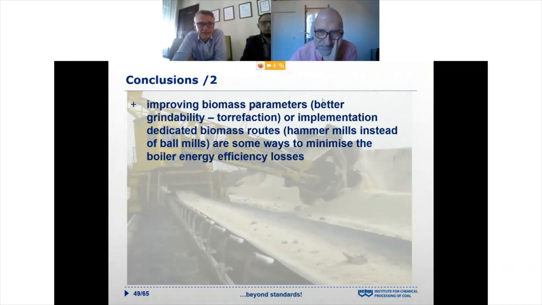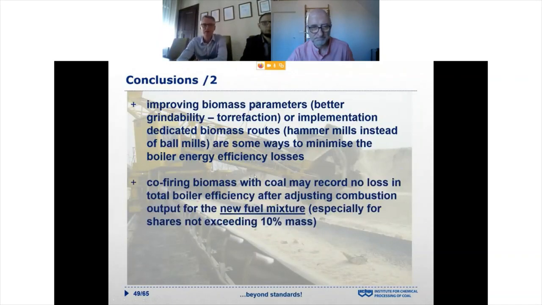We use electric grinding, or at the same time implement some dedicated biomass routes. So instead of the ball mills, which are normally used for coal milling in coal-only plants, we apply hammer mills. We have some biomass combustion plants in Poland where we apply hammer mills, and that's the way to minimize the boiler energy efficiency losses.